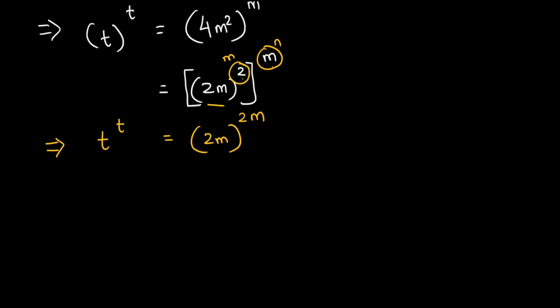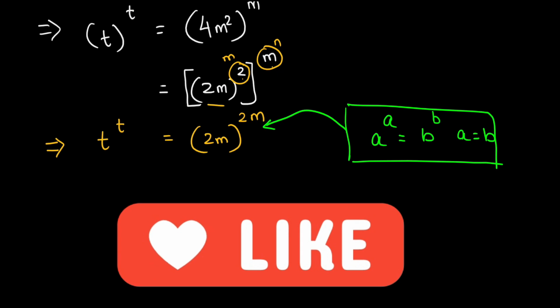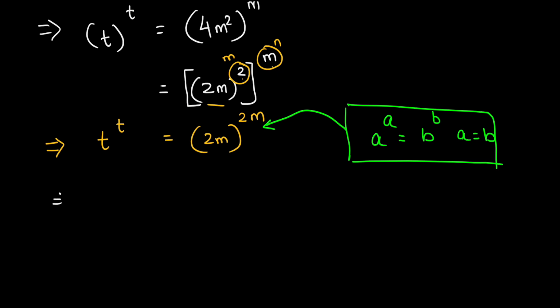So now the equation is t to the power t is equal to 2m to the power 2m, and there is a formula that if a to the power a is equal to b to the power b, then a is equal to b. So applying this formula here, a to the power a is equal to b to the power b, then we can write a equal to b.